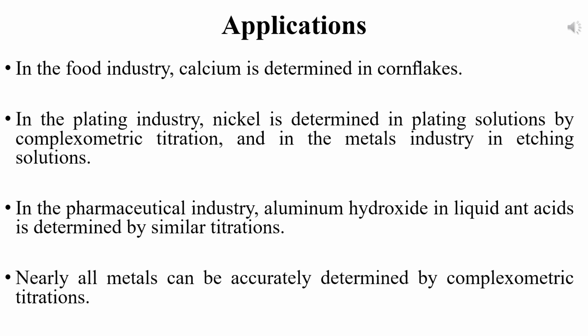In addition, aluminium hydroxide in liquids and acids is determined by similar titrations. Nearly all metals can be accurately analyzed by complexometric titrations, and complexation reactions are also useful for gravimetry, spectrophotometry, and for masking interfering ions.